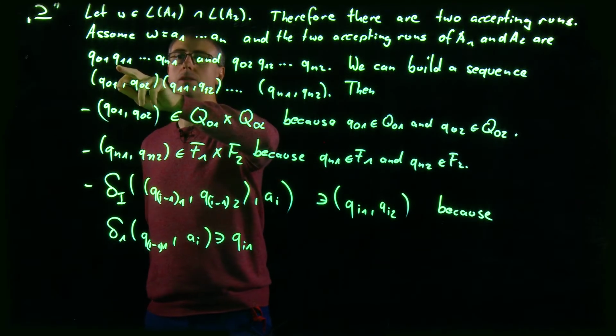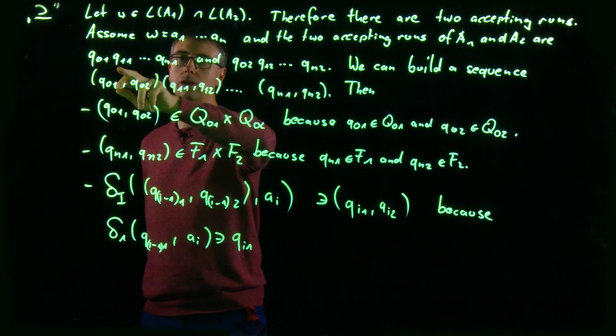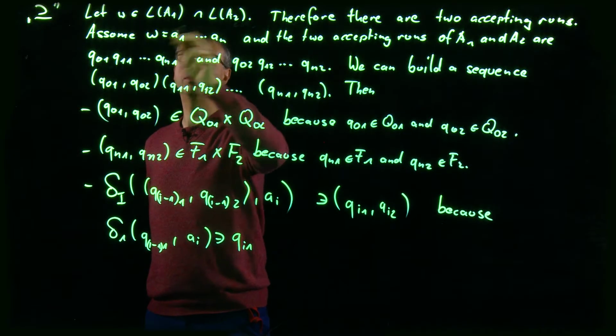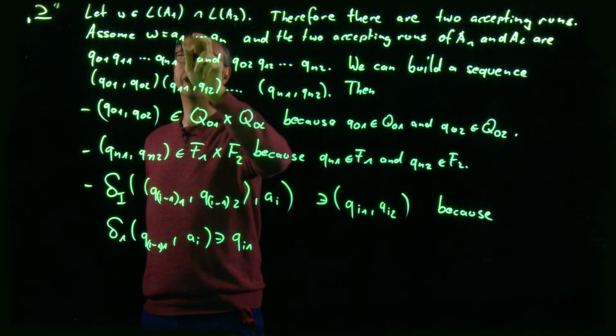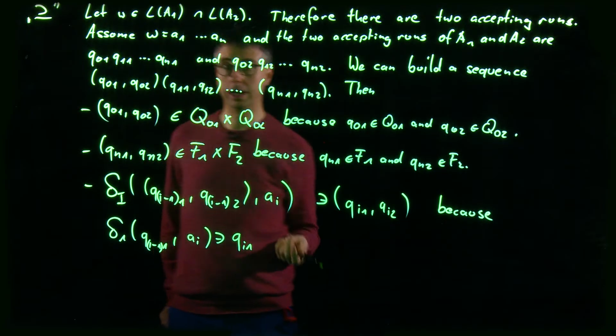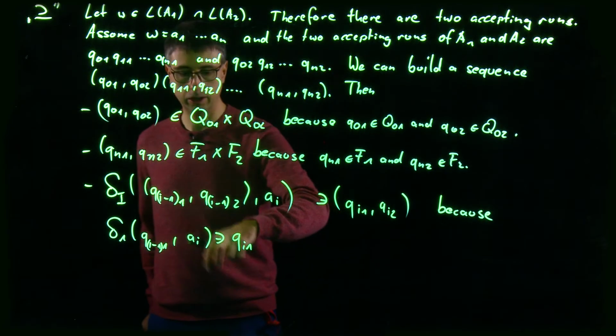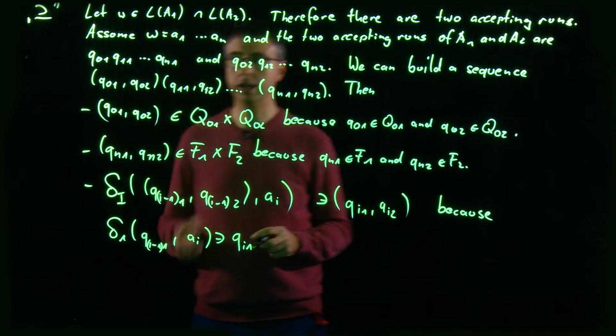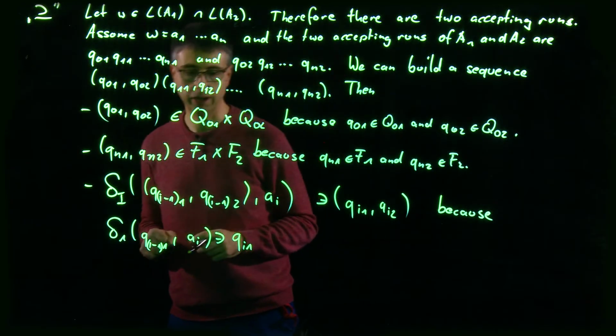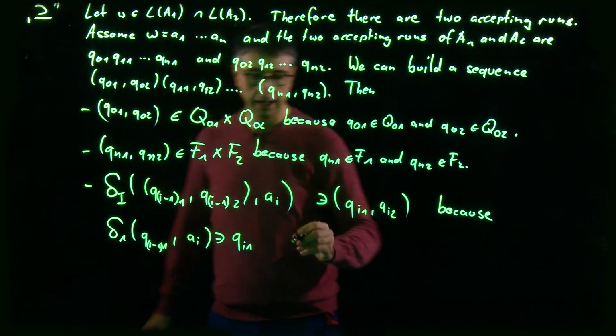And similarly, to go from q_1^1 to q_2^1, we know that there must be a transition from q_1^1 with a_2 to q_2^1. And that's actually what we have written here. So there needs to be a transition in automaton A1, because this is a run of the automaton A1.